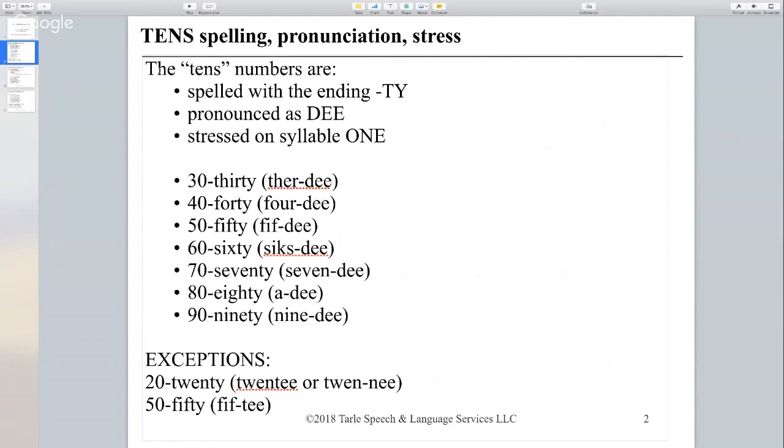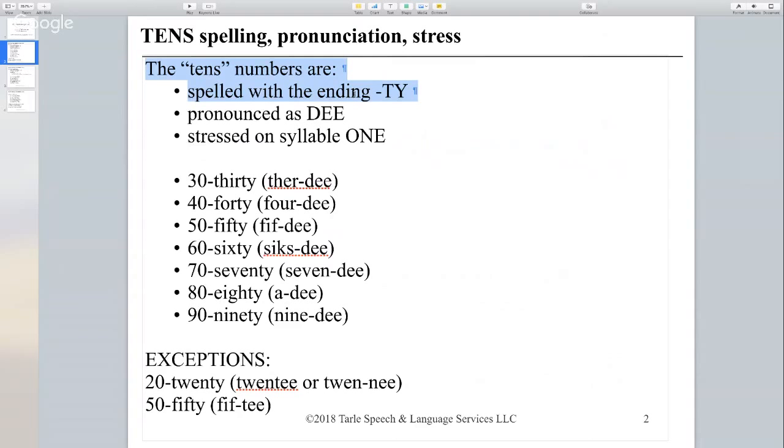All right, let's look at some tips here. The tens numbers are spelled with the ending TY. As most of you know, if you've been watching my videos, spelling is just a guide. It is not a recipe for pronunciation in English.